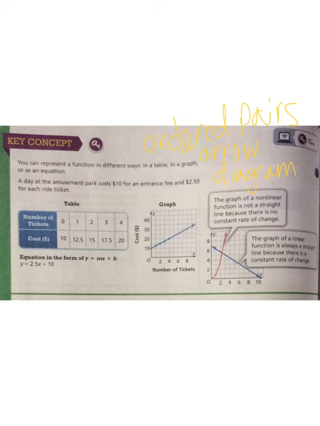Here it says a day at the amusement park costs $10 for entrance fee and $2.50 for each ride ticket. They wrote that as an equation. If we look at our first example on the left where it says table and graph, these would both, I'm going to draw a line down here, be linear because they're in the form of y equals mx plus b, and it creates a straight line. And they are functions. So they are both linear and they are both functions.